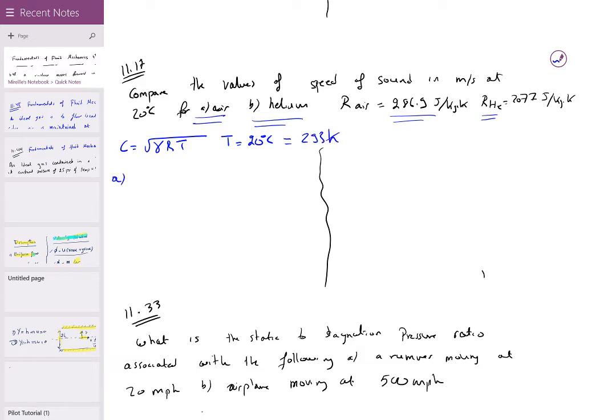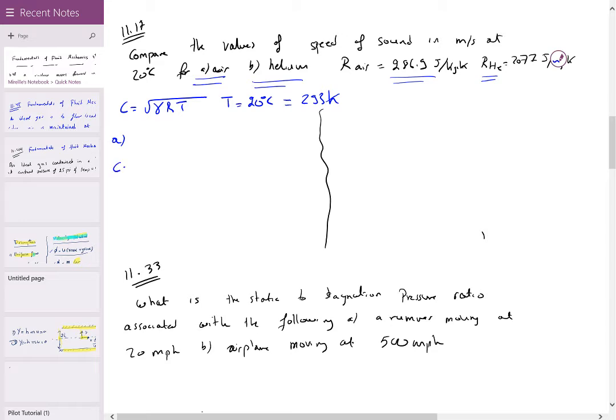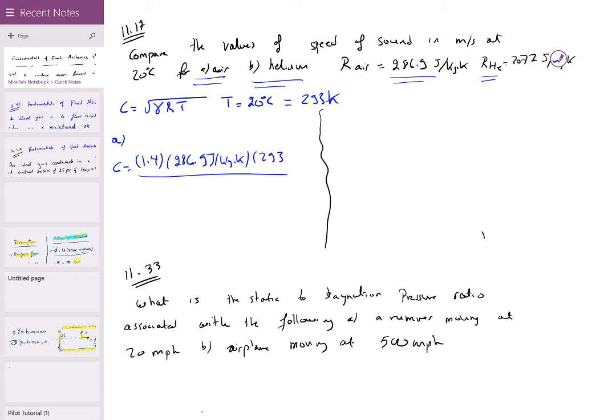Now for air, I have C equals the square root of gamma, which is 1.4, my R is 286.9 joules per kilogram Kelvin, temperature is 293.